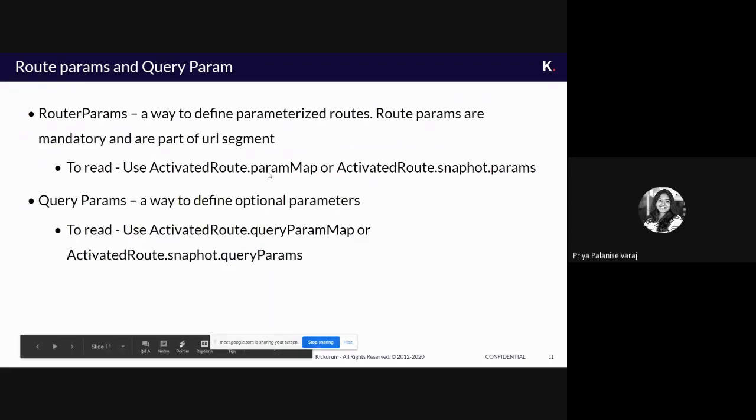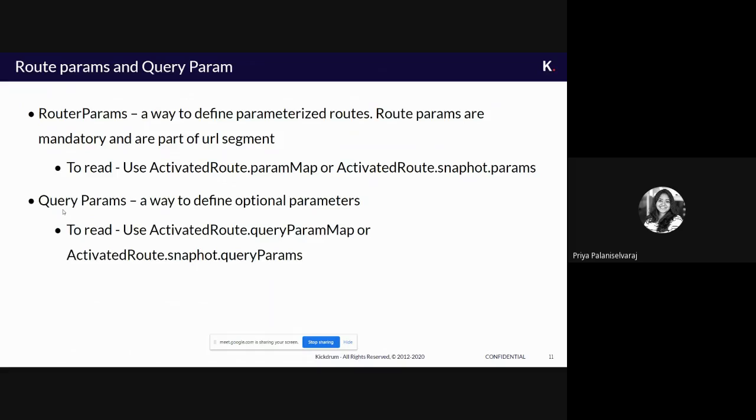To get that, we can use the ActivatedRoute, and it will have the paramMap and snapshot.params. It contains many other attributes. Those details you can check in the Angular official documentation.